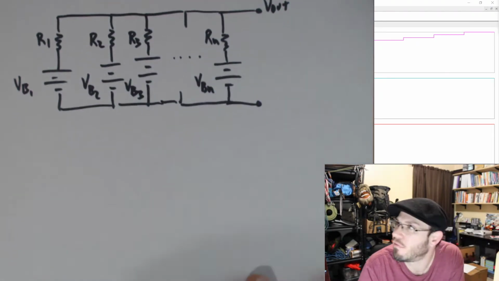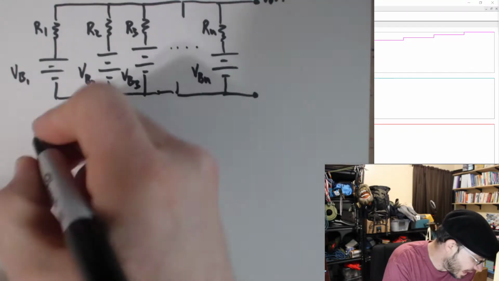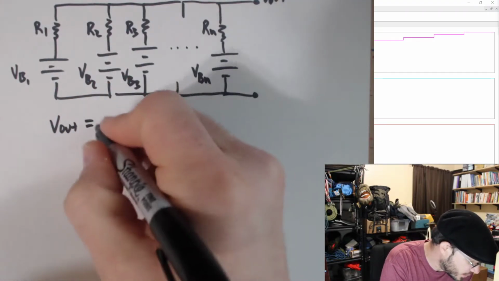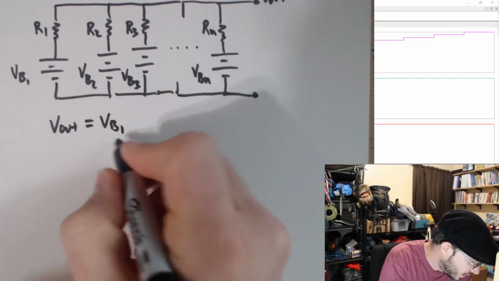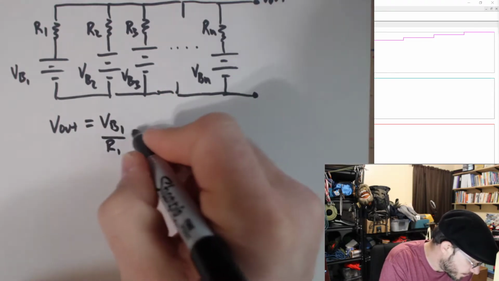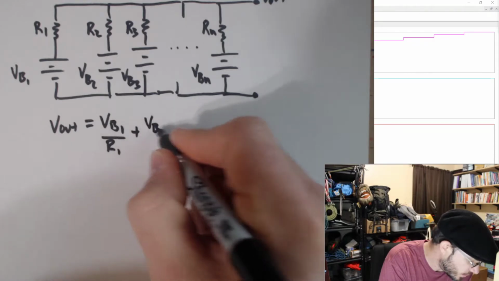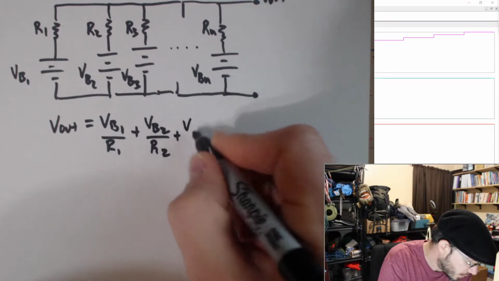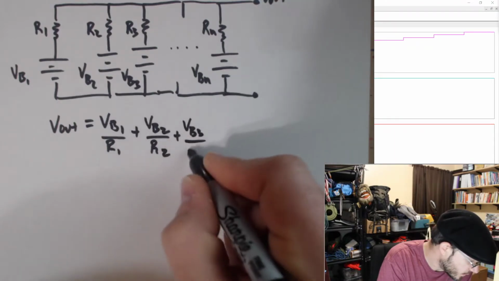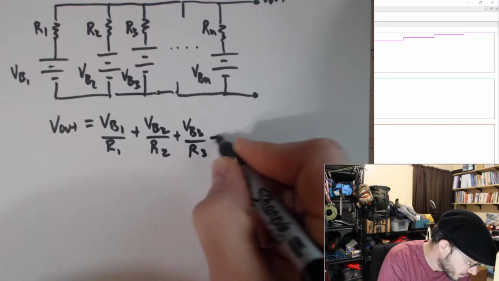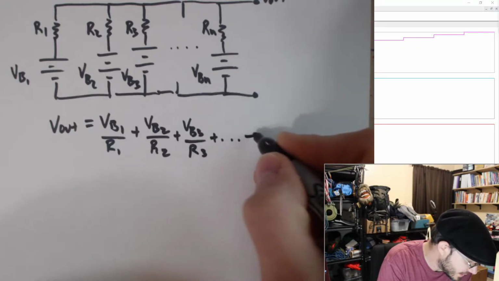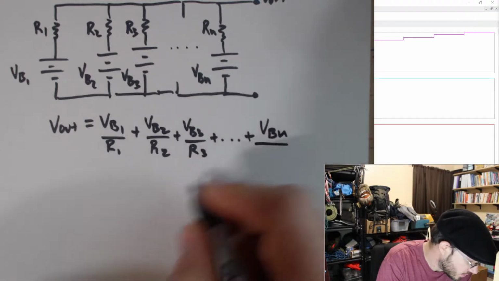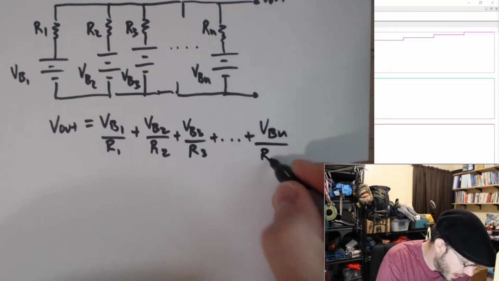The result that you get from Millman's theorem is that V out ends up being equal to VB1 over R1 plus VB2 over R2 plus VB3 over R3 plus dot dot dot VBN over Rn.